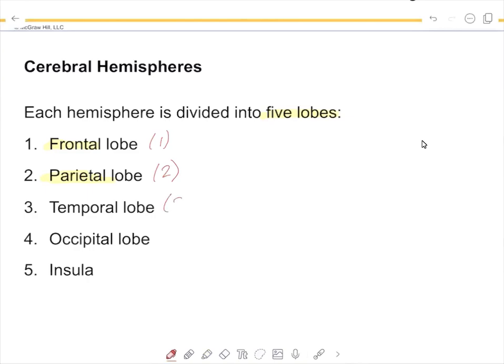Then there are 2 temporal lobes, kind of on the lateral side of the cerebrum, followed by 1 occipital lobe, and then the insula. The insula is the one that's more difficult to see, and it's deep to the other lobes.